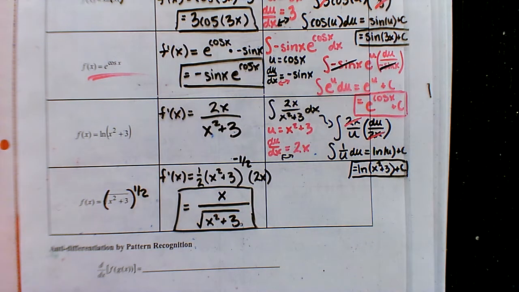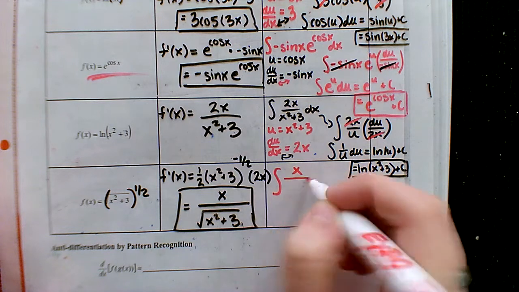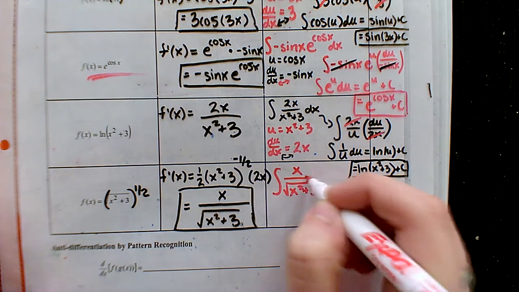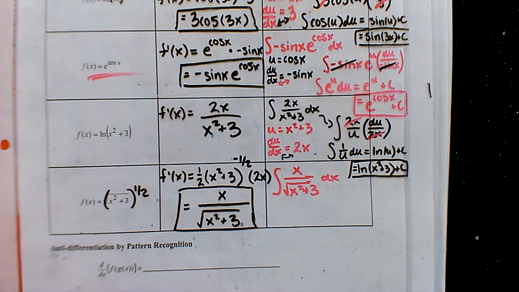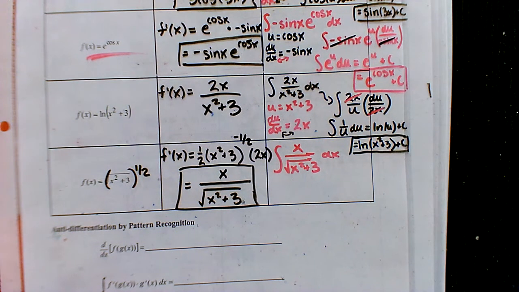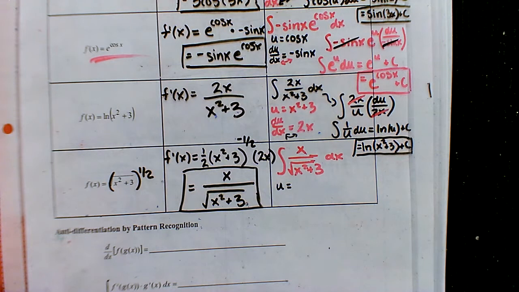All right, let's try the last one. We're going to integrate x over the square root of x squared plus 3. What looks to be the inside? Square root.